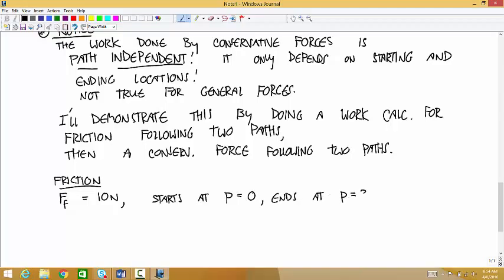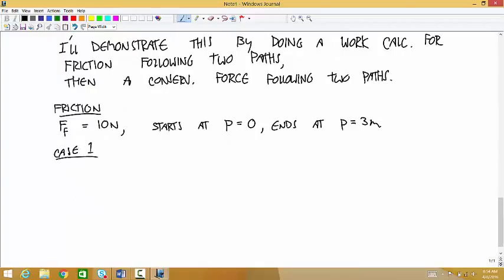So case one, the object's going to go from the origin to 5 meters, and then it's going to backtrack 2 meters to 3. And we're going to calculate the work done by friction.